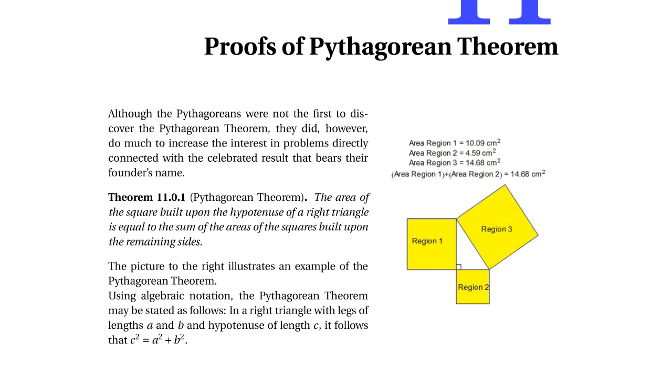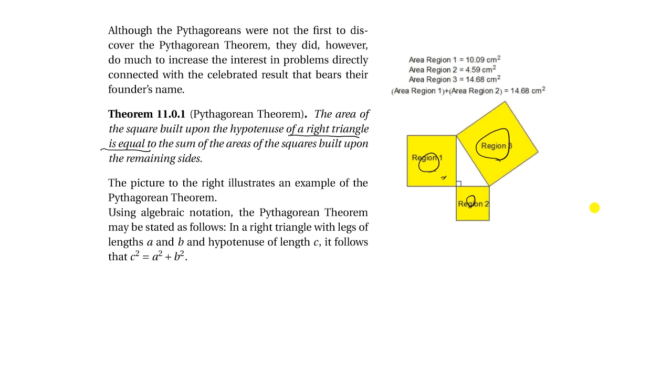Okay, the typical Pythagorean theorem states the area of the square built upon the hypotenuse of a right triangle is equal to, okay, and we know what you're talking about, right? This area is the sum of those two, right? So when you look at this Pythagorean theorem, the formation is like this.